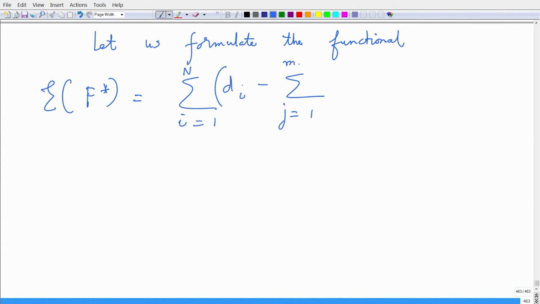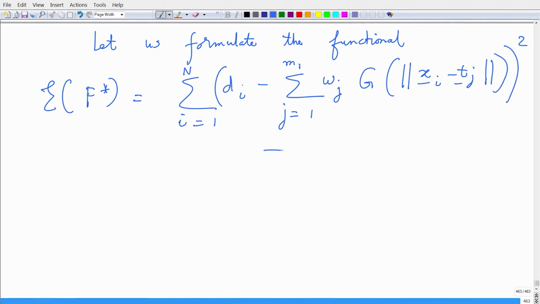This is where my inner summation has j equals 1 to m1 of w suffix j times the Green's function acting on x_i minus t_j, right, this squared, subject to the regularization conditions where a differential operator acts on this function f star.